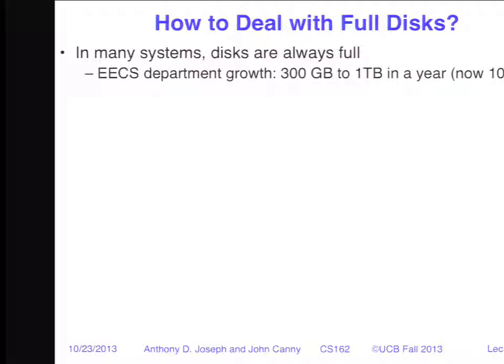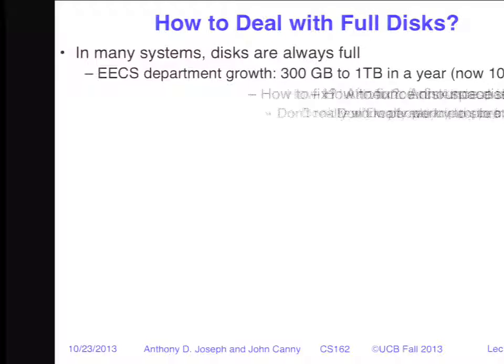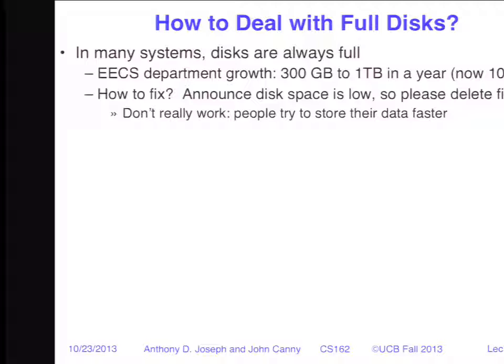Well, one approach that you could take, and one of the systems I actually used as an undergraduate, it would make an announcement: the disk space is running low. And it was the software engineering class. I'm there late at night working away on my project, and all of a sudden, boop, up pops this message saying, we're running out of disk space. Please delete some files. Now, if you're working on your project, what is the first thing that you're going to do if you see a message like that?